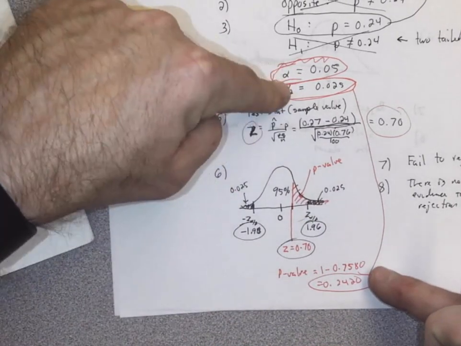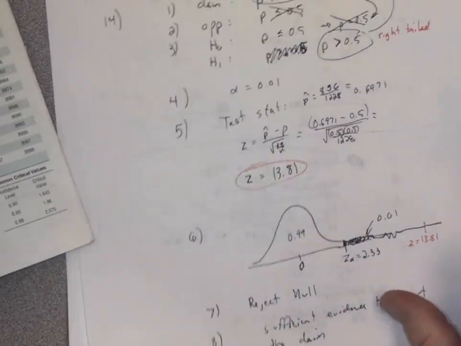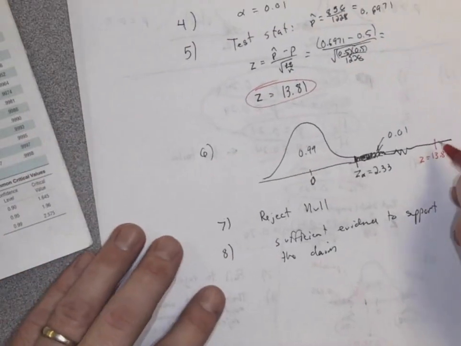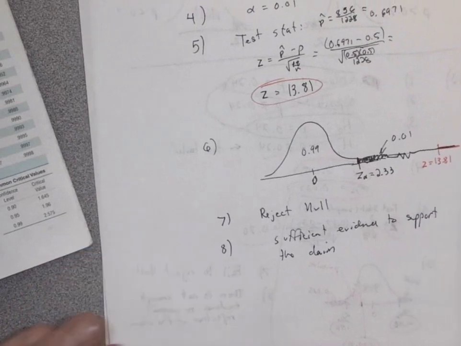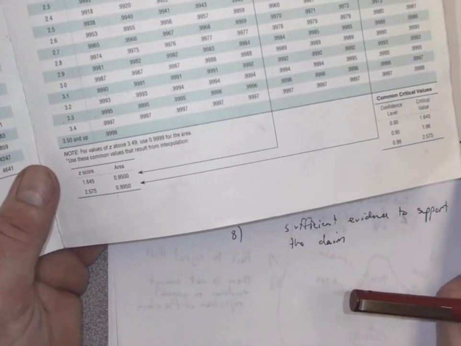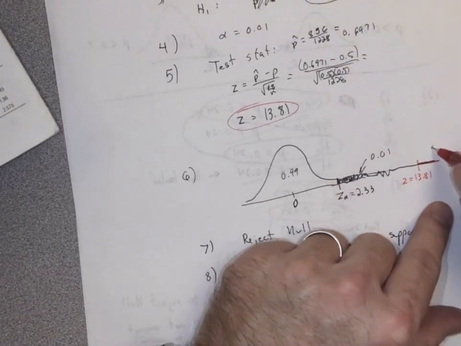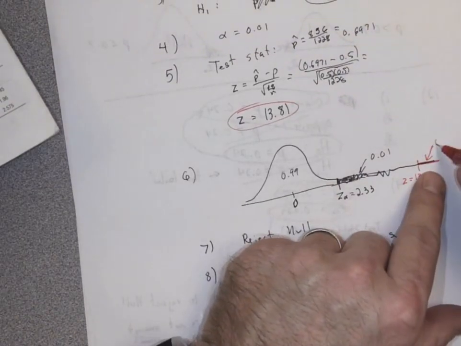So you can either use their areas or you can use their critical values. If we did the same thing over here, if I look at the area of this thing, on my table it's bigger than 3.45, right? So anything bigger than 3.5 is going to be 0.9999. So remember that this would be 1 minus that number. So this area right here is going to be 1 minus that, so this is 0.0001.